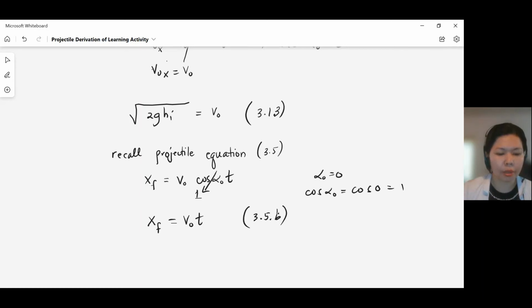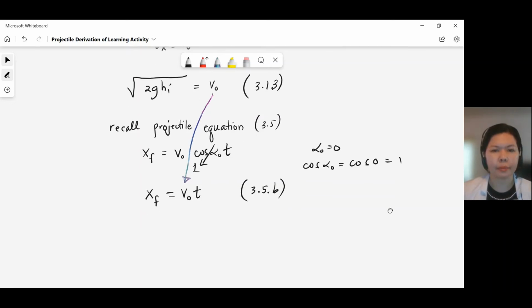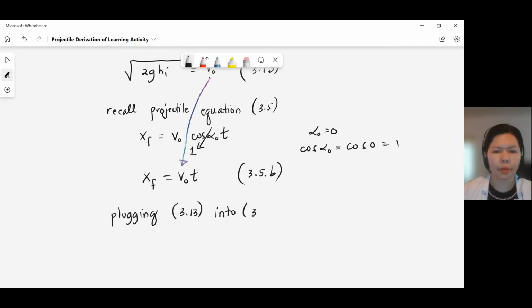So we now plug 3.13 into this 3.5.b. This v naught of 3.13, we plug it into 3.5.b.